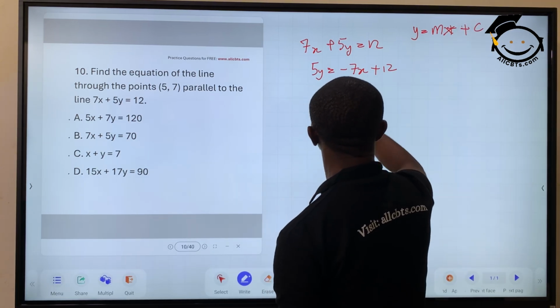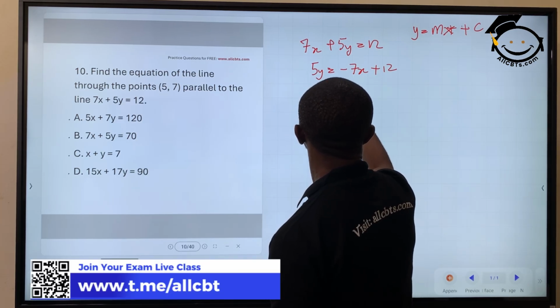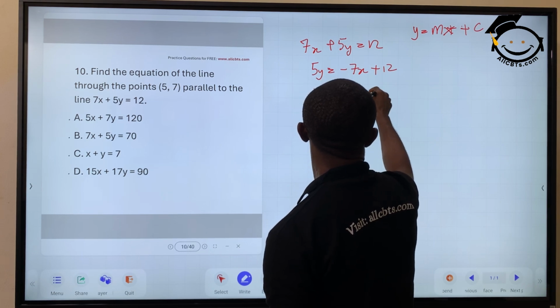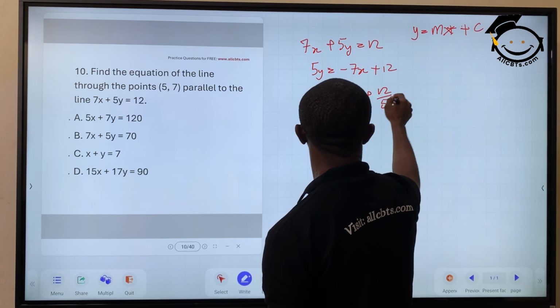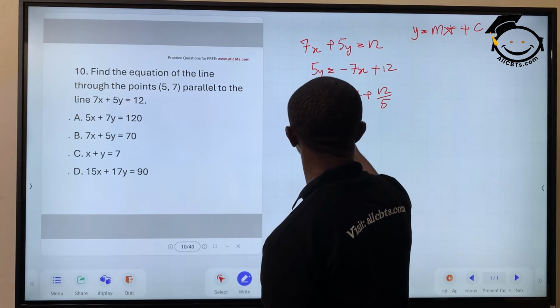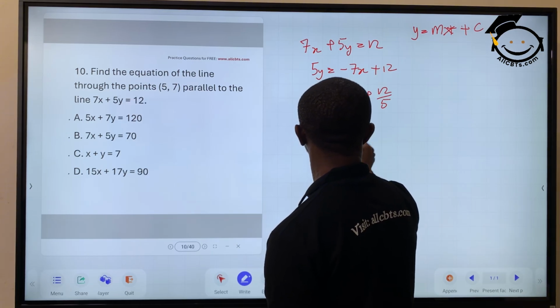So this becomes y equals minus 7x over 5 plus 12 over 5. So our m in this case is minus 7 over 5.